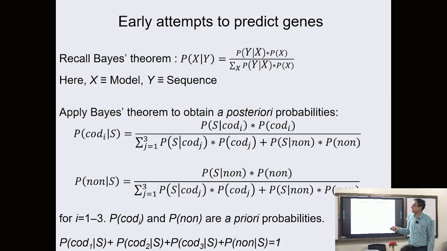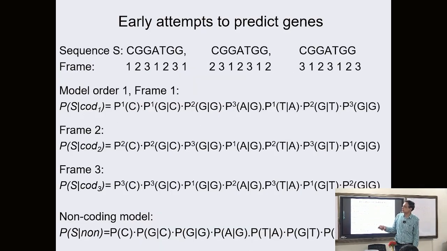So let us consider the coding model in frame I, where I is 1, 2 or 3.